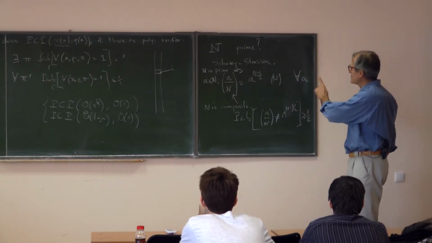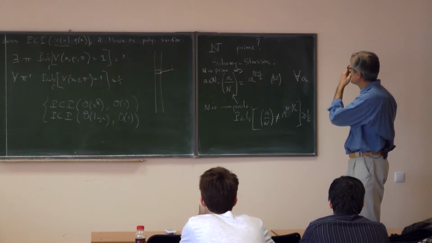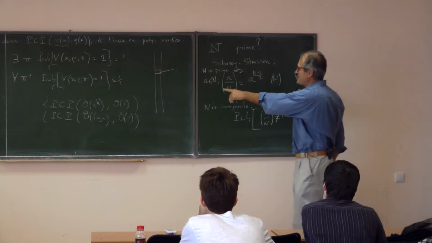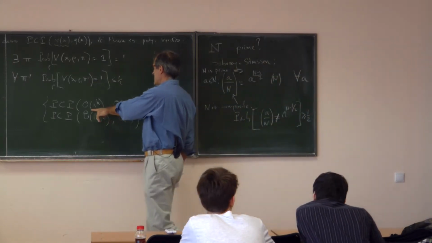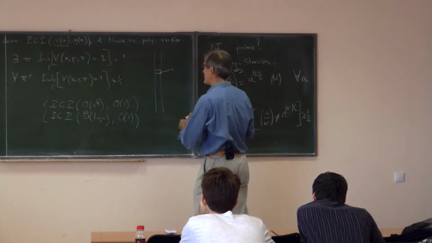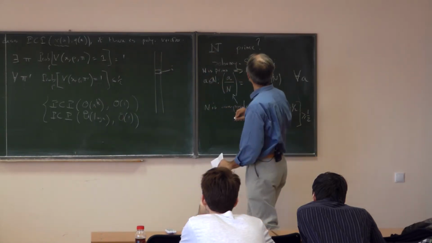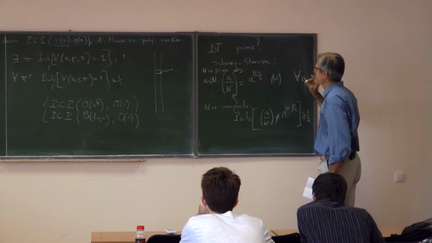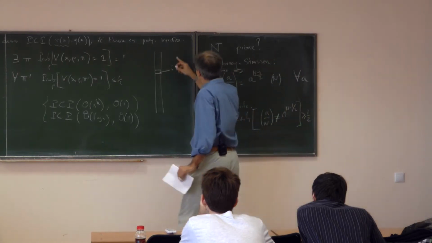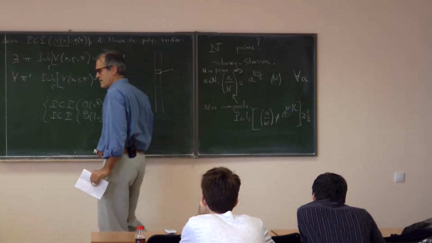Well, this is going to indirectly give you a PCP proof of primality, which will be of exponential size. Why? Just imagine, what are you going to put on the string?